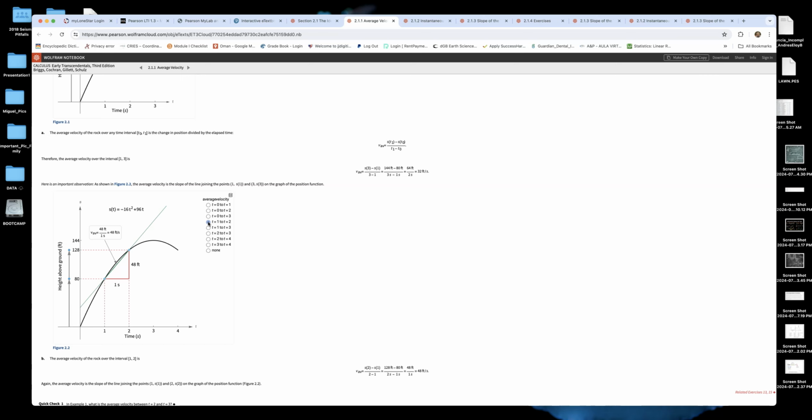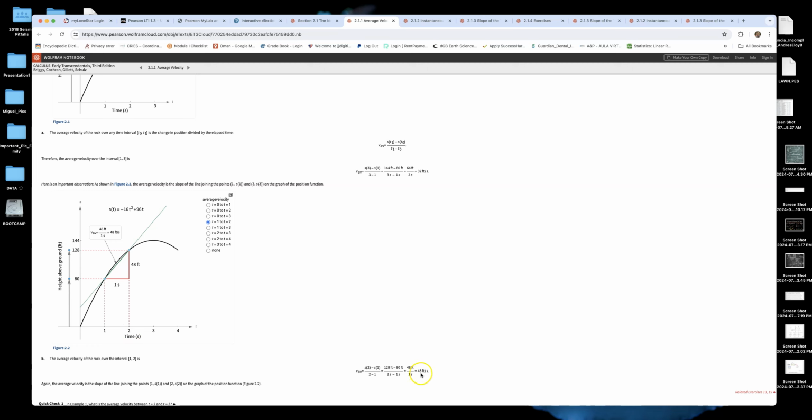So the average velocity between 1 second and 2 seconds, we expect to be higher than the previous one. When we made that computation, it is the position at 2 seconds, that is 128, minus the position at 1 second, that we know was 80 feet, divided by 1, because it's the elapsed time between 1 second and 2 seconds.